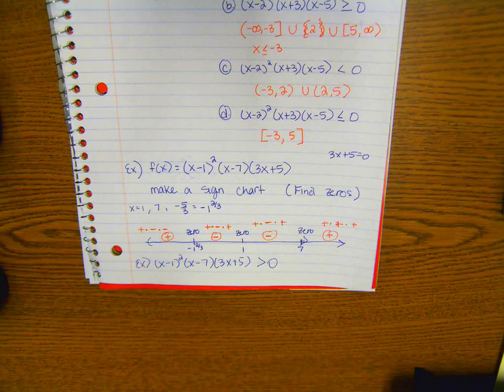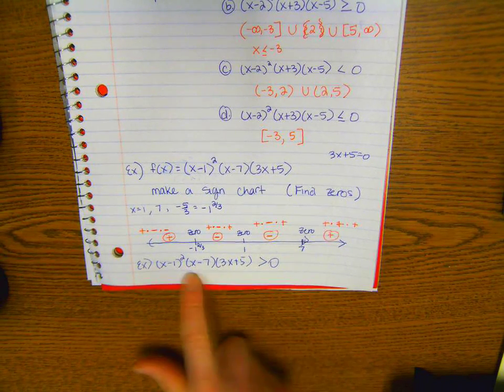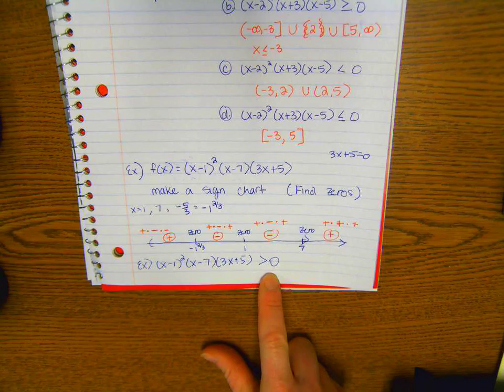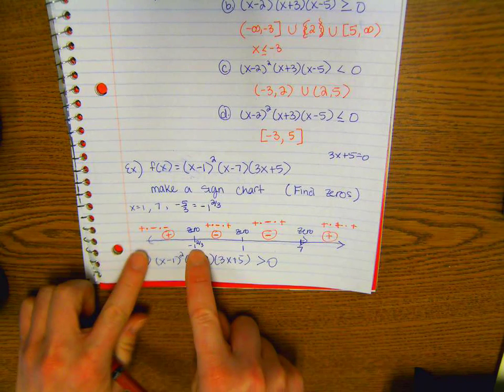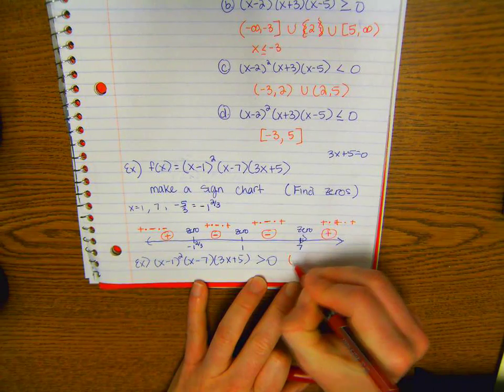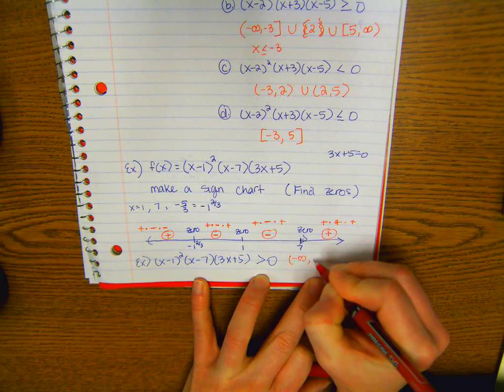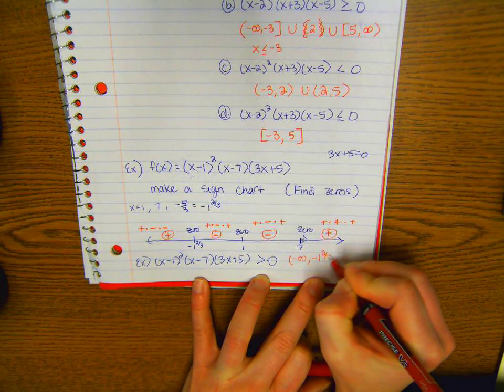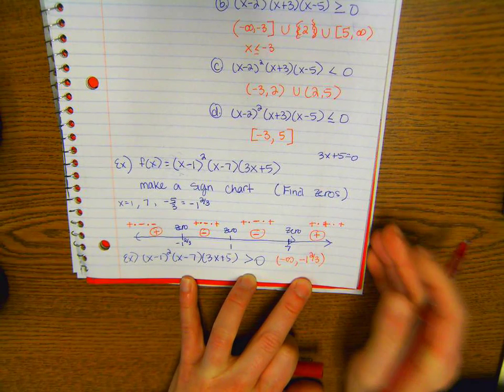Greater than 0 means what? Another name for that. Positive. Okay. What would you tell me then? Well, right here, how would I describe that interval? Negative infinity to negative 1 2/3. Or you could write x is less than negative 1 2/3 if you want. And where else?